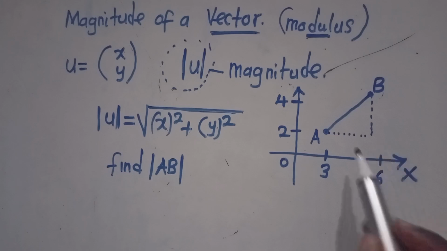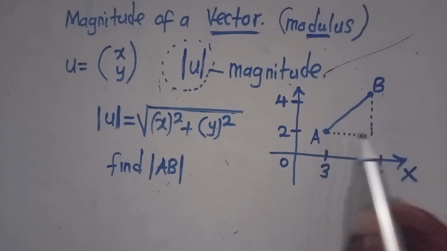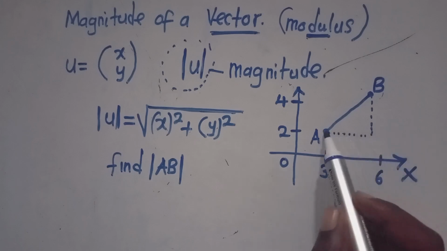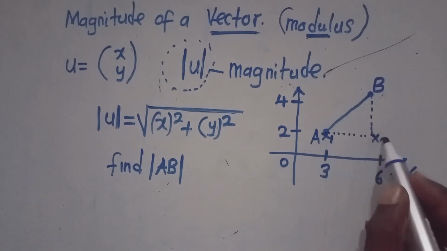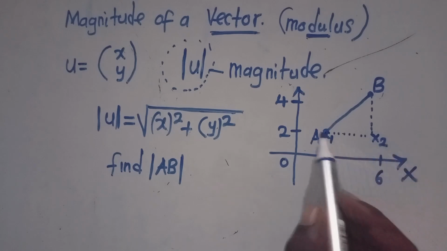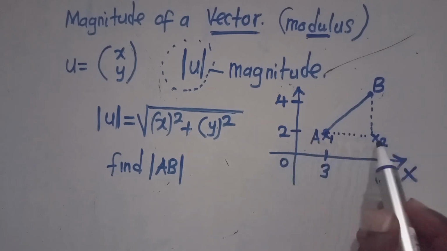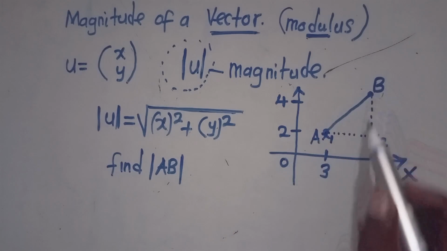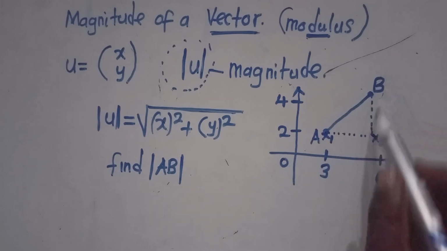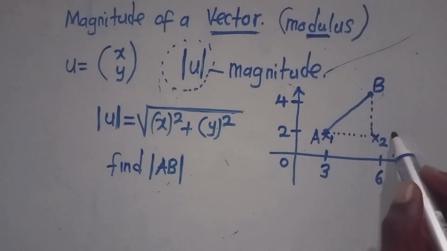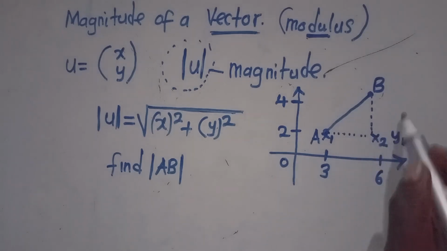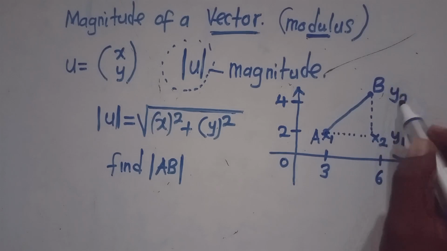So you find the difference it is making on the y-axis. You can say this is x1 and this is Y2. On the y-axis, there is a difference being covered. From here I say this is Y1, and going up there is Y2.